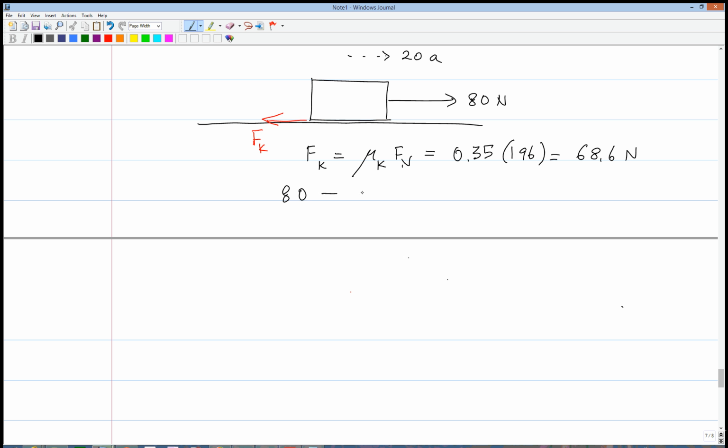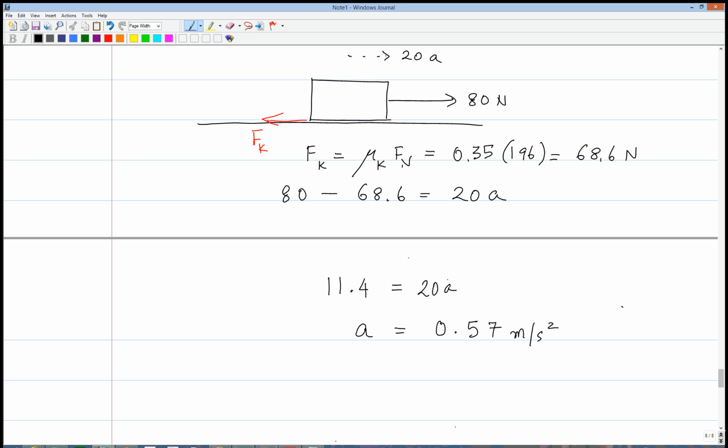So 80 minus 68.6 equals 20A, and 80 minus 68.6 is equal to 11.4, which is 20 times A. If I divide both sides by 20, I get 11.4 over 20, which happens to be 0.57 meters per second squared.